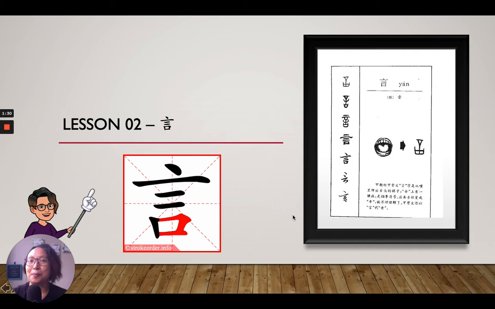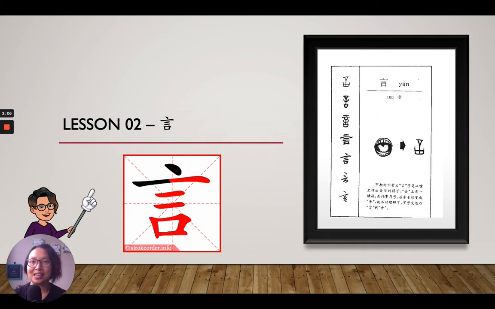Well, the word 言 means speech or talking. How does this word come and how does it form? At the very beginning, this is how it looked like. When people at the very beginning thought about how to create a word that, when people see it, they will know it is about speech, they started with a mouth at the bottom, and then there is the tongue sticking out, and at the top, there are some symbols.